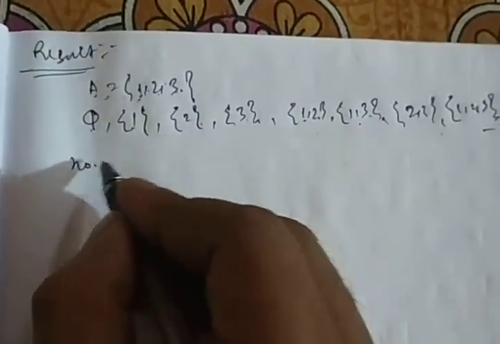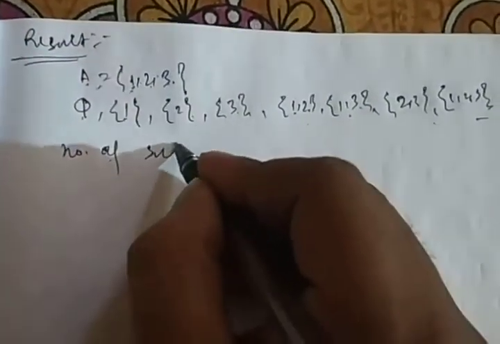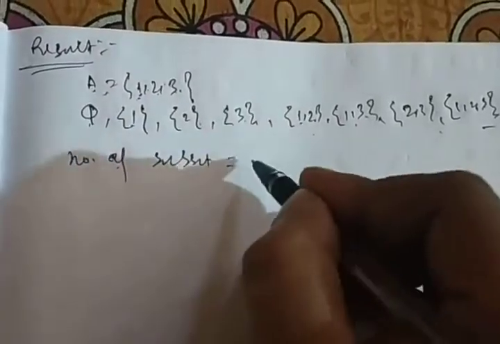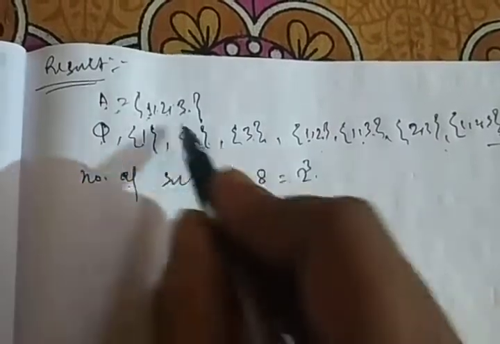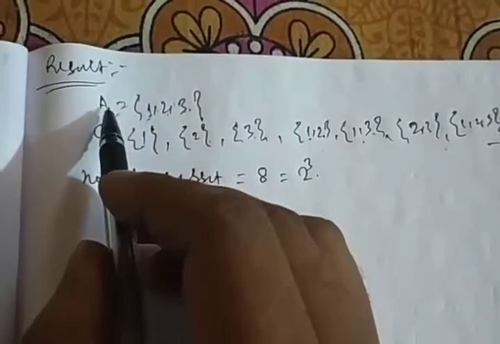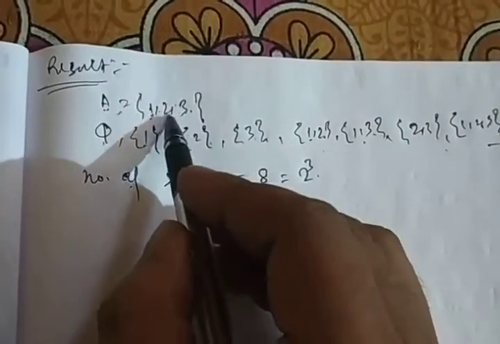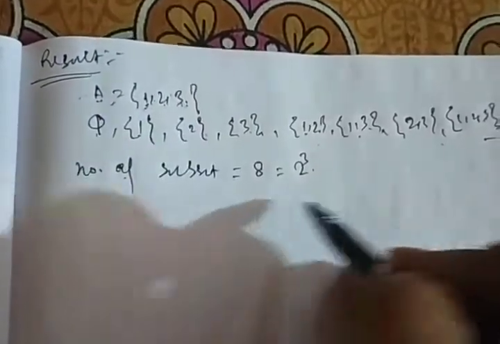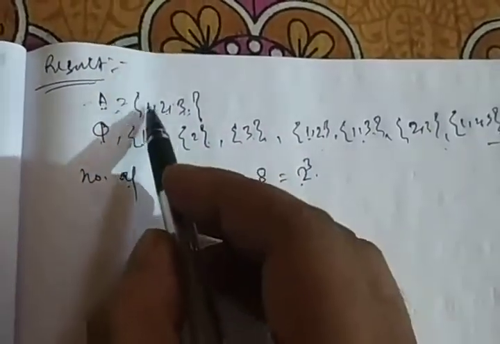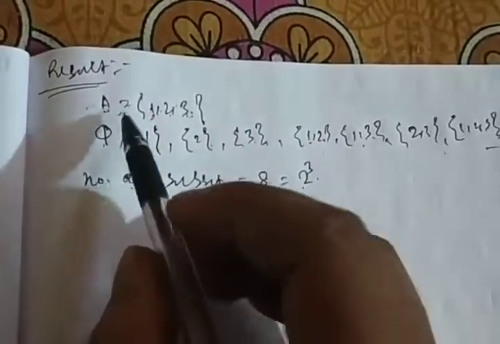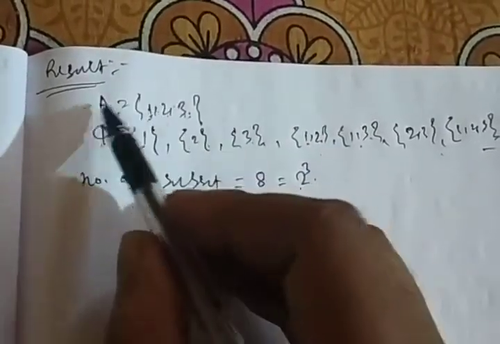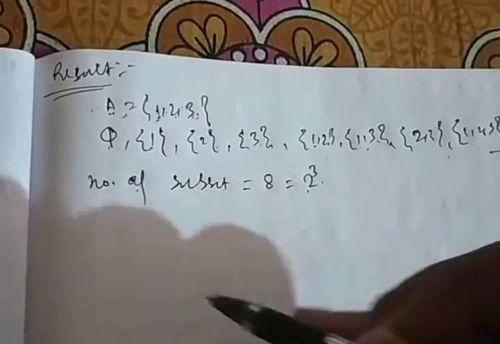So the number of subsets equals 8, which can be written as 2 cubed. So the relation is that if there are 3 elements in the set A, the number of subsets will be 2 cubed. If there are only 2 elements in the set A, the number of subsets will be 2 squared. If there are 4 elements in the set A, the number of subsets will be 2 to the power 4.